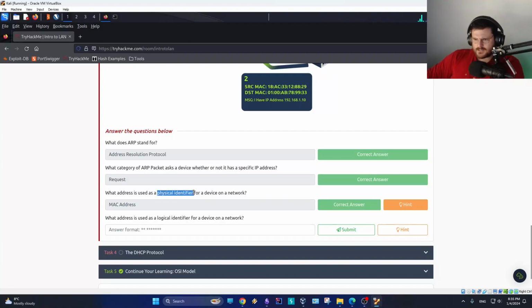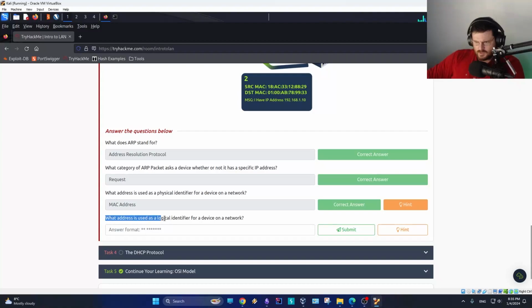But yes, again the keyword here is physical. We can actually have it imprinted by the manufacturer of the NIC card, network interface card, right? We have the physical MAC address.